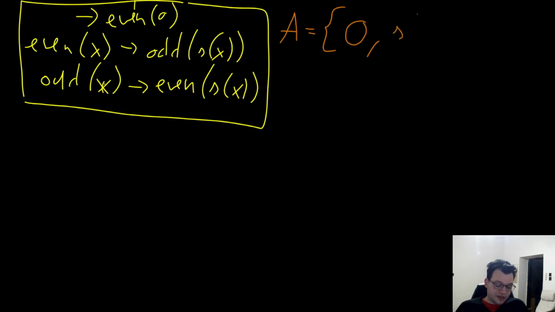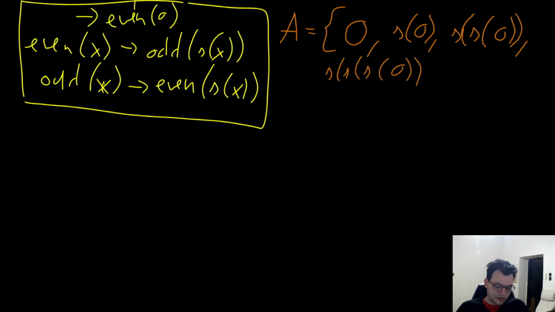And you can apply the successor function, twice if you wish, thrice if you wish, and so on. You cannot apply odd and even because those are not function symbols, they are predicate symbols. So it's a difference.